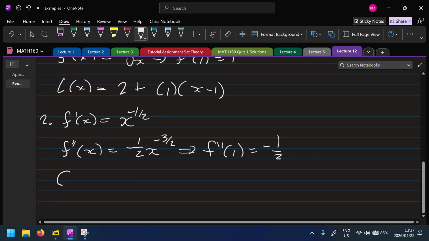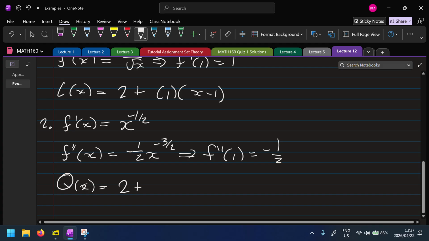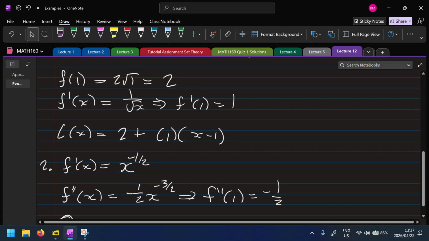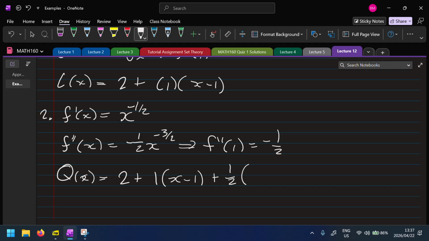Q is f at 1, which we already know is 2, plus f prime at 1, which is 1, plus a half f double prime at 1, which we worked out is minus a half, times x minus 1 squared. Easy stuff. You just do the derivatives, evaluate at the points, and then substitute into that formula.